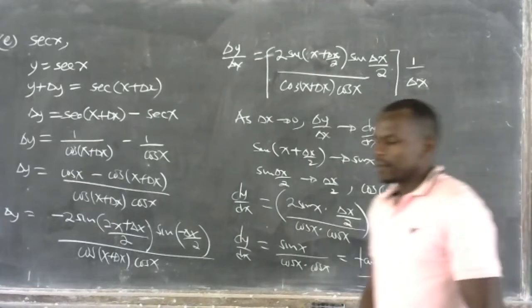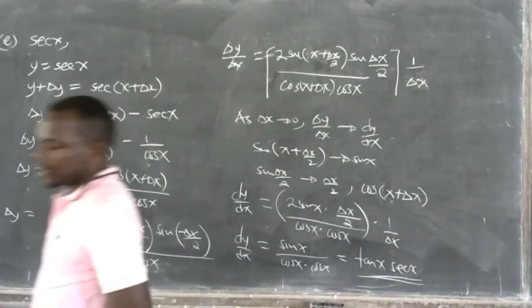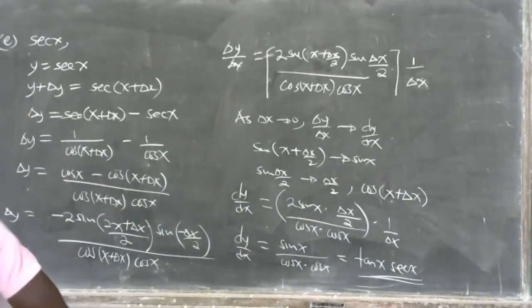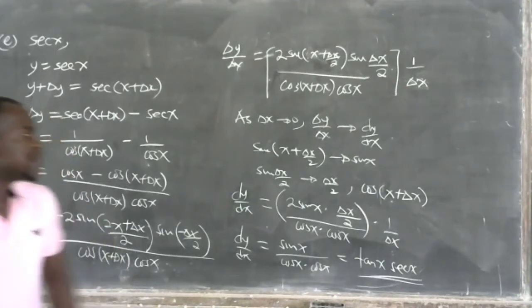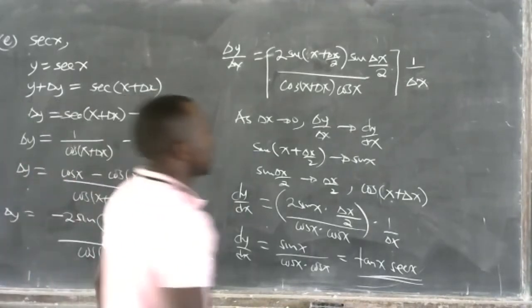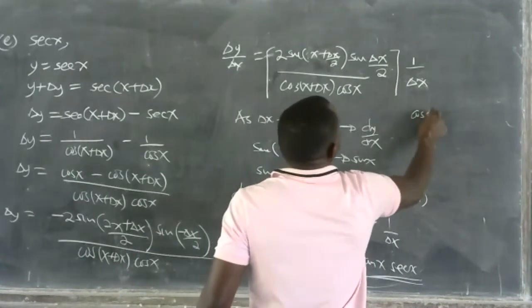Excuse me, Mr. Semakula. I'm here. Excuse me, teacher. Yes. Teacher, why don't we say cos x is a 1, just as the limits were stating? We always say what becomes 1 is cos of change in x.